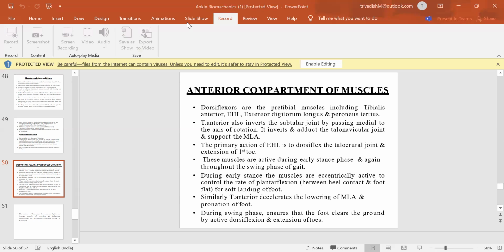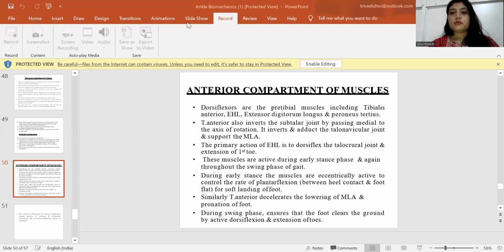Similarly, tibialis anterior decelerates the lowering of the medial longitudinal arch and pronation of the foot.